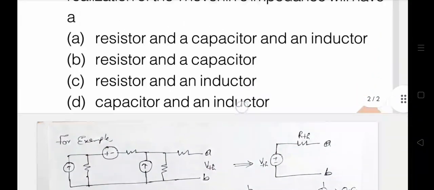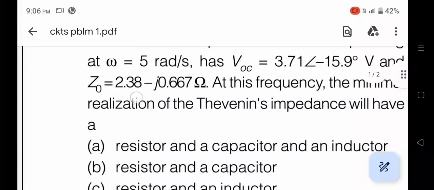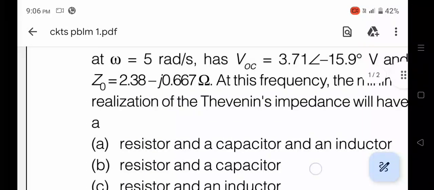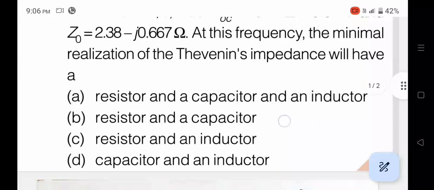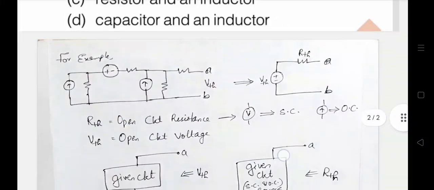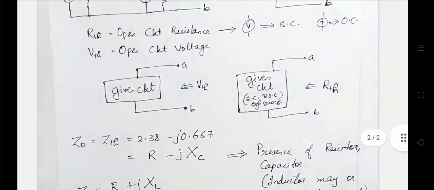Since the circuit consists of this, it is in the form of R minus jXC, right? That's why they called it Thevenin's impedance. If only resistance were there, then we would say resistance. If inductor and capacitor components are there, then we say impedance.